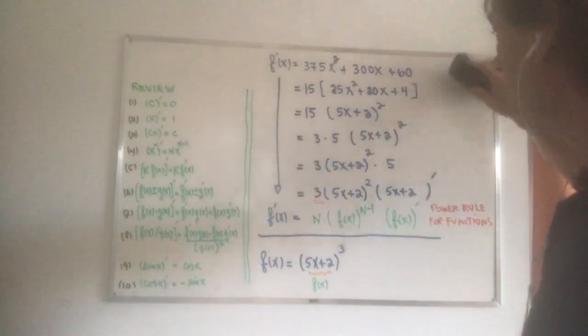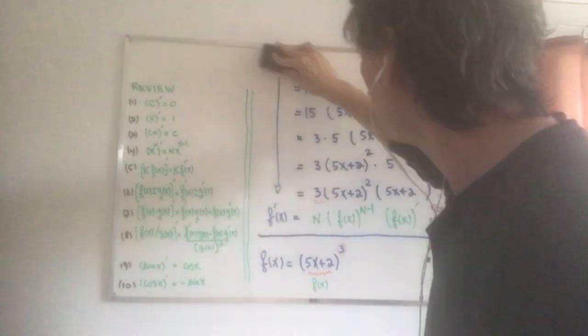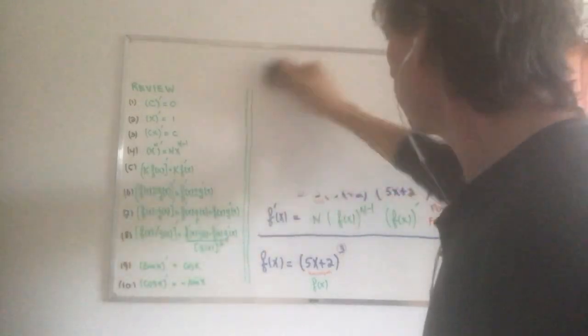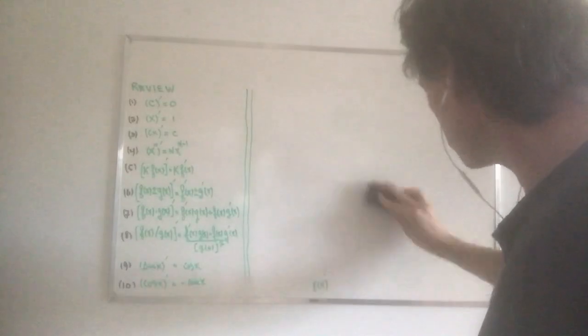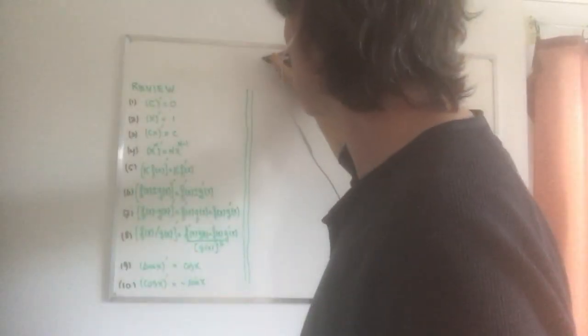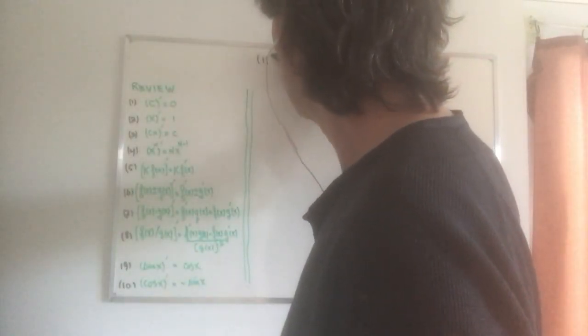Good. So getting rid of this, leaving this here for future reference, and we now have rule 11. What is that rule 11?